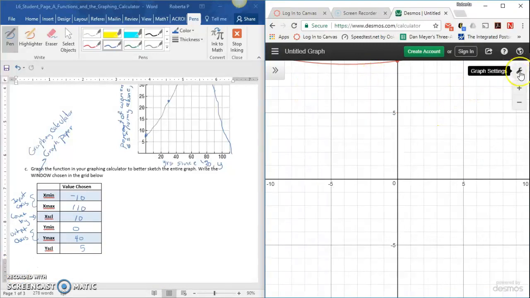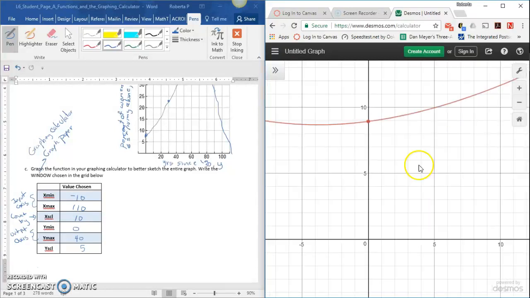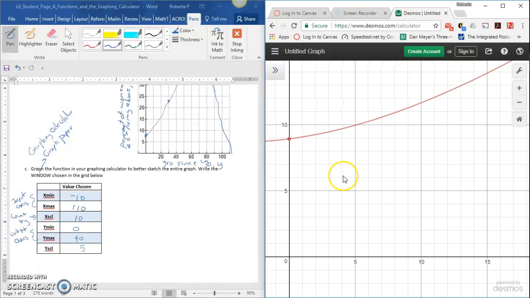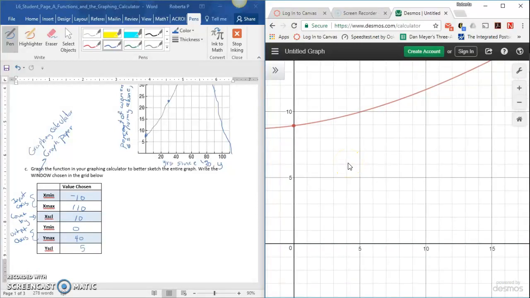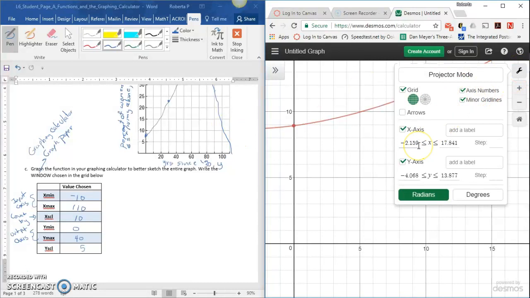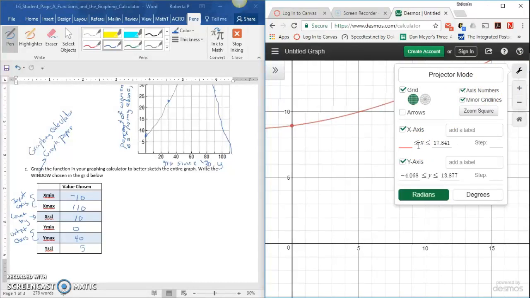The wrench up here, so as you know, as you played around, you can use your fingers on your cell phone to scroll around, or if you use your cursor and hold down, you can move this graph paper around, except that we still don't have a nice picture based on what we hand drew. So we want to go to our wrench, and then we're going to change our input axes to -10.